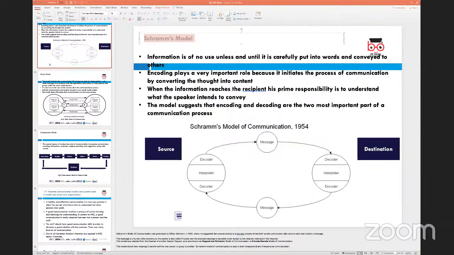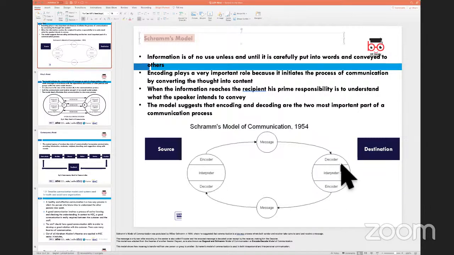So what he proposed was that there are 2 sides to the process of communication. There is a source and a destination. There's a sender and a receiver. And between the 2, there are lots of interactions which happen. And these interactions happen because of mutual exchange of information between the 2. And this mutual exchange of information typically has a process which is the encoder, interpreter, decoder.